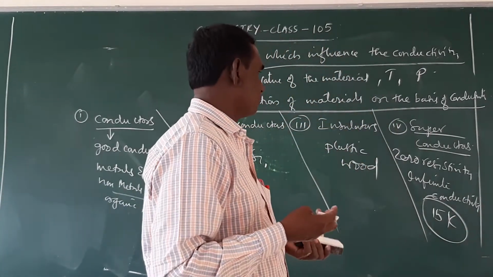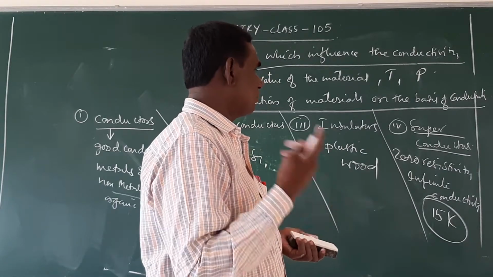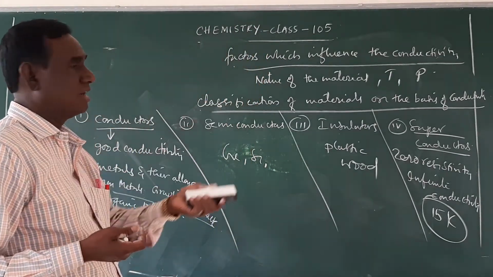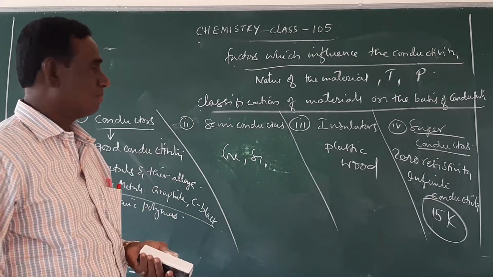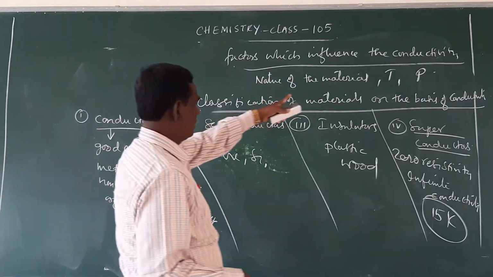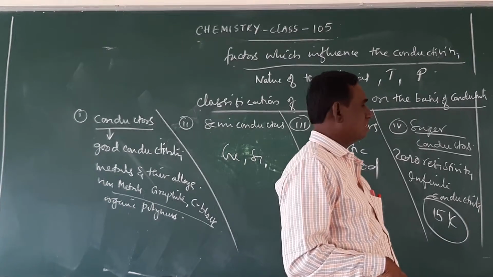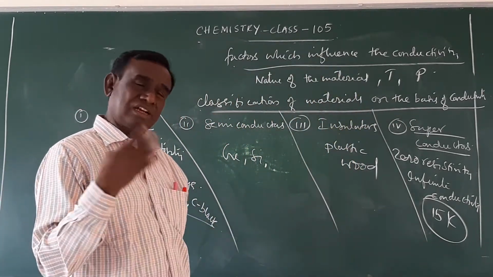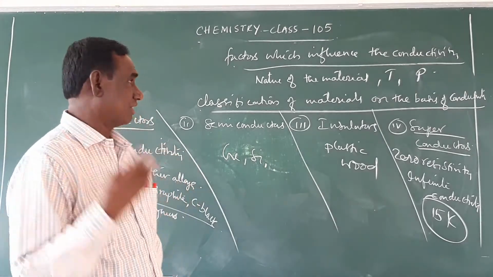So that is the classification of materials on the basis of conductivity possessed by them: conductors, semiconductors, insulators, and superconductors. After that, what is meant by electrical conductors or electronic conductors?